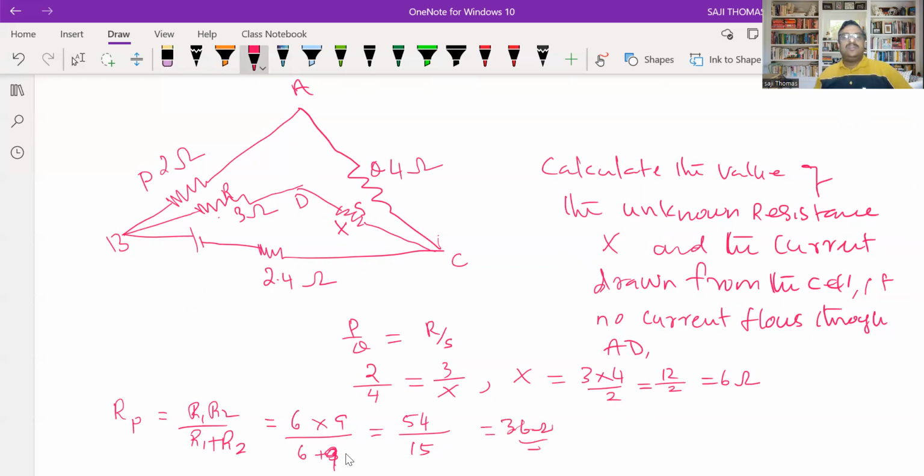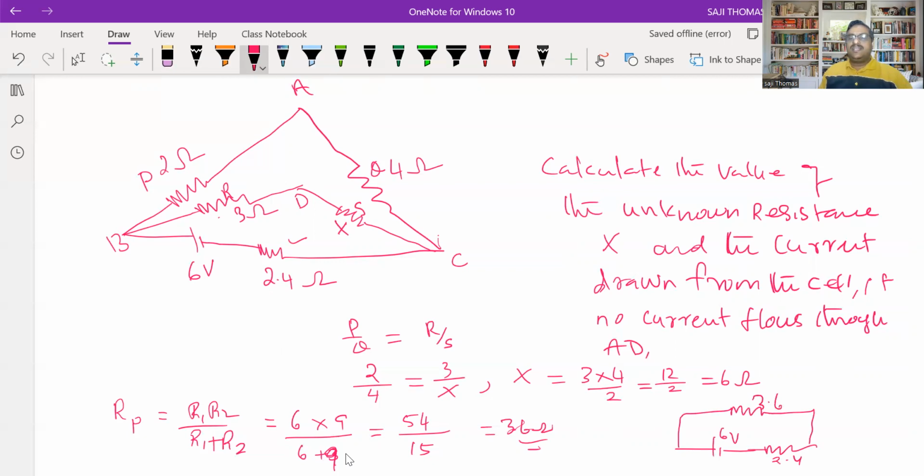Okay. Now, with the cell, there is 2.4 ohm in series. The cell EMF was given as 6 volt. So the equivalent circuit can be drawn with an EMF of 6 volt, here 2.4 ohm, and that parallel combination replaced by 3.6 ohm.